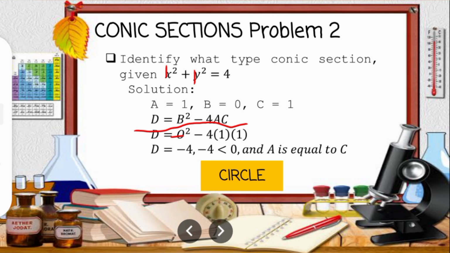So 0 squared minus 4 times 1 times 1 is equal to negative 4, and negative 4 is less than 0, and A is equal to C. So that means our conic section in this given is a circle, because our discriminant, negative 4, is less than 0, and A is equal to C. So that's it.